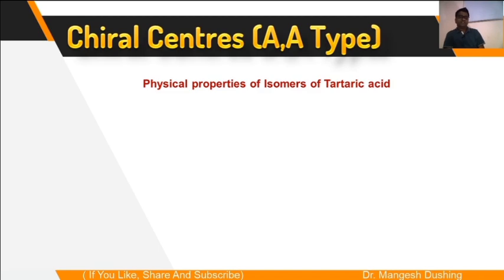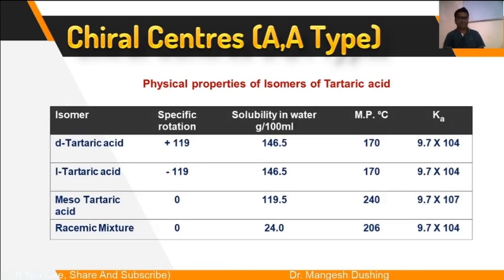Now we will see the physical properties of all isomers of tartaric acid, comparing the differences and the similarities. These are the isomers: D-tartaric acid, L-tartaric acid, meso-tartaric acid and racemic mixture. Racemic mixture means an equimolar mixture of two enantiomers, that is, the DL pair.